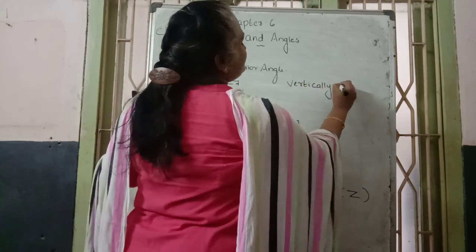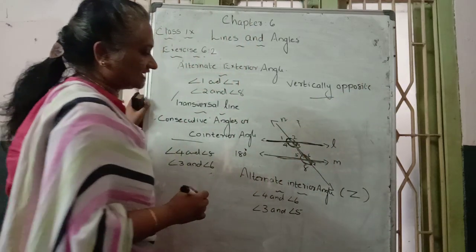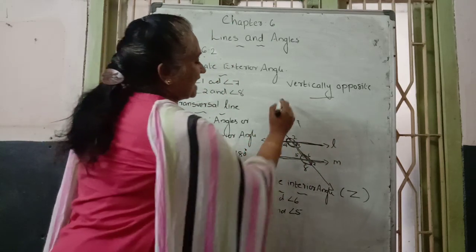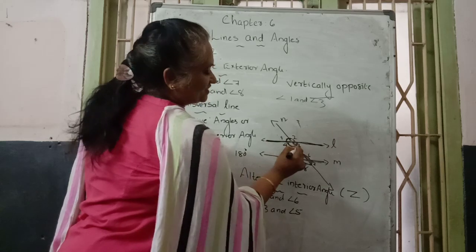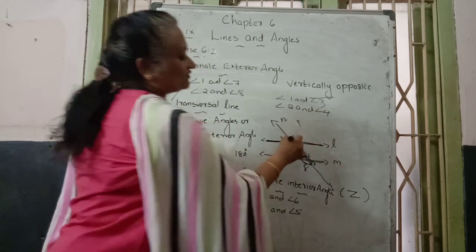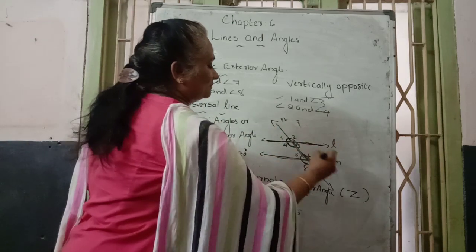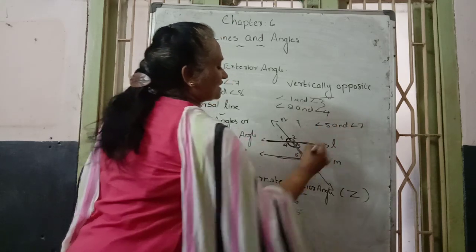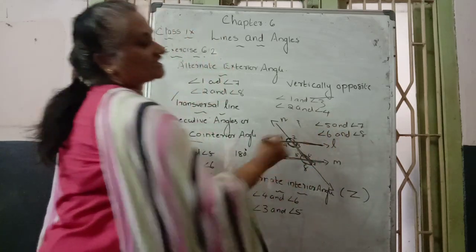Vertically opposite angles. Look at the diagram to see which are vertically opposite. With respect to line L, angle 1 and angle 3 are vertically opposite, and angle 2 and angle 4 are vertically opposite. With respect to line M, angles 5 and 7 are vertically opposite, and angles 6 and 8 are vertically opposite.